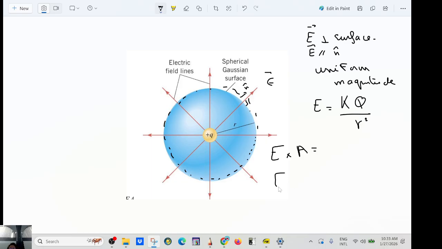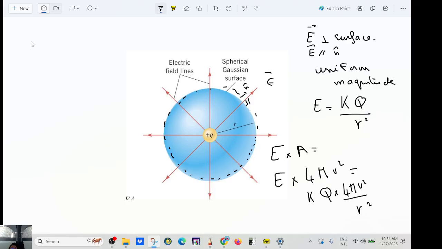So it's going to be E. What's the area of a sphere? Yes, 4 pi r squared. So it's going to be kq times 4 pi r squared over r squared. Is that right?